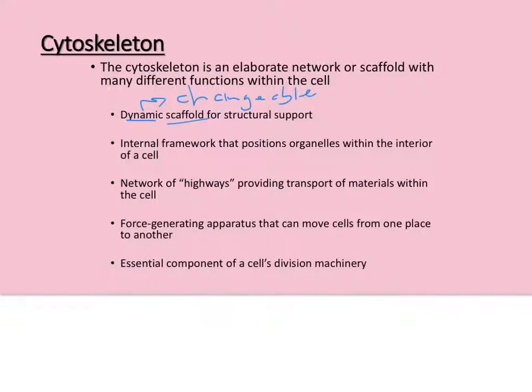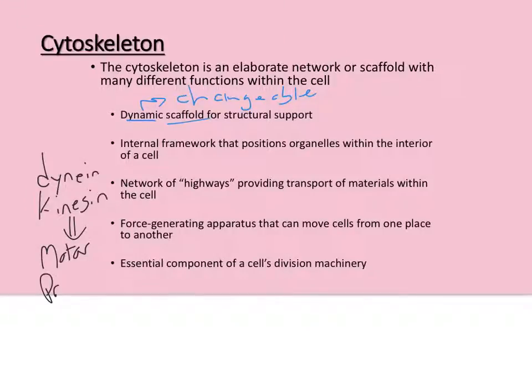Now, it also serves as a framework that positions organelles everywhere that they're supposed to be. It acts as a highway system for transporting materials within the cell. There are a couple of proteins called dynein and kinesin. And these are motor proteins.